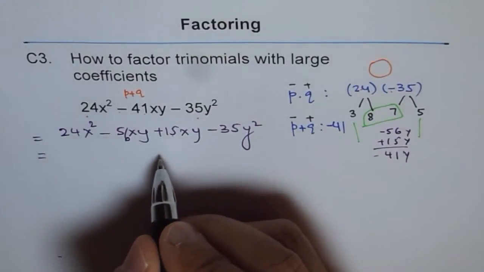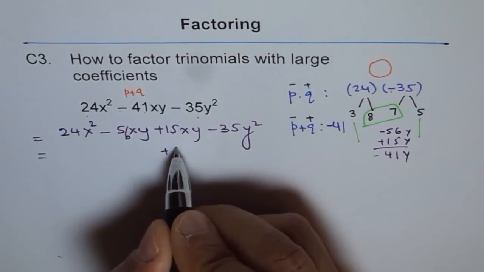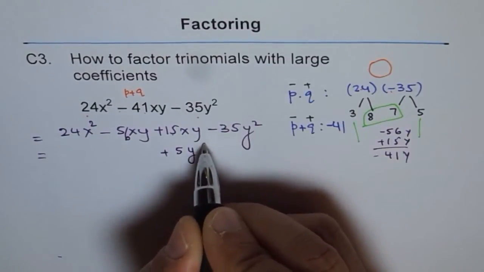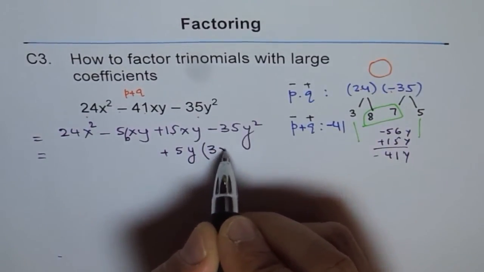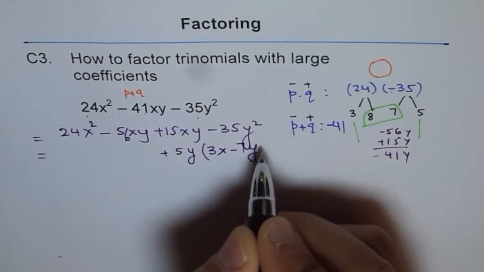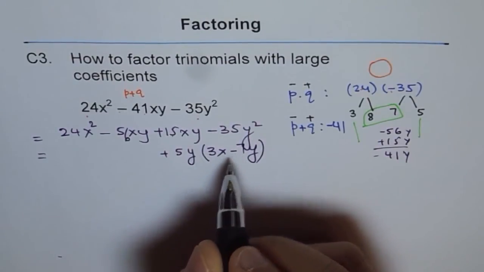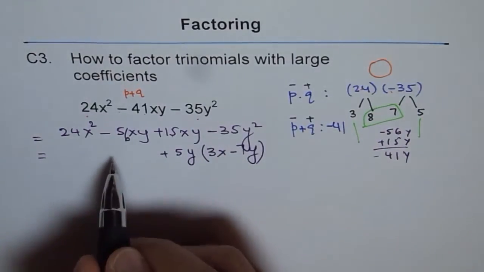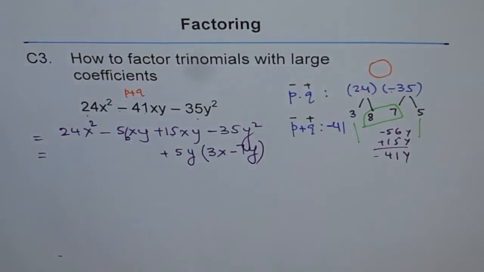So let me try this first. I'll take plus 5 common. Is x common? No. y is common. 5y is common. So I'm left with 3x here, and I get minus 7y. So I got 3x minus 7y. That gives me an idea. I have to get 3x minus 7y here also. Otherwise I can't factor, correct?